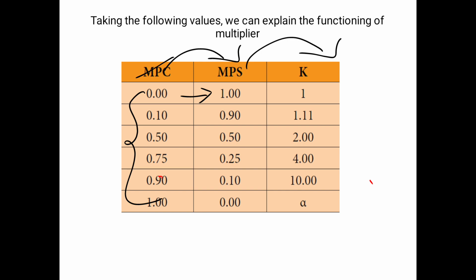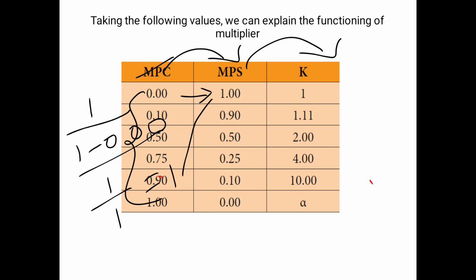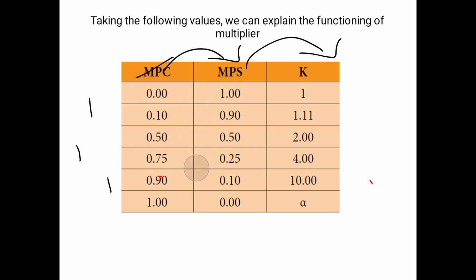How will you do it? For example, the first one: 1 divided by 1 minus 0.00. When you subtract that, what do you get? 1 divided by 1, which is equal to 1. Did you get this answer? Yes. The same way we are supposed to do all the MPC values.